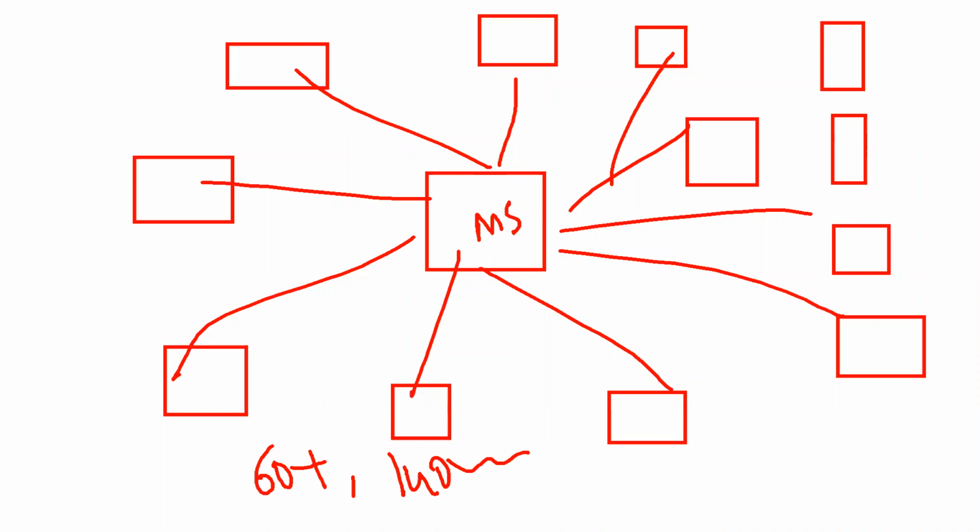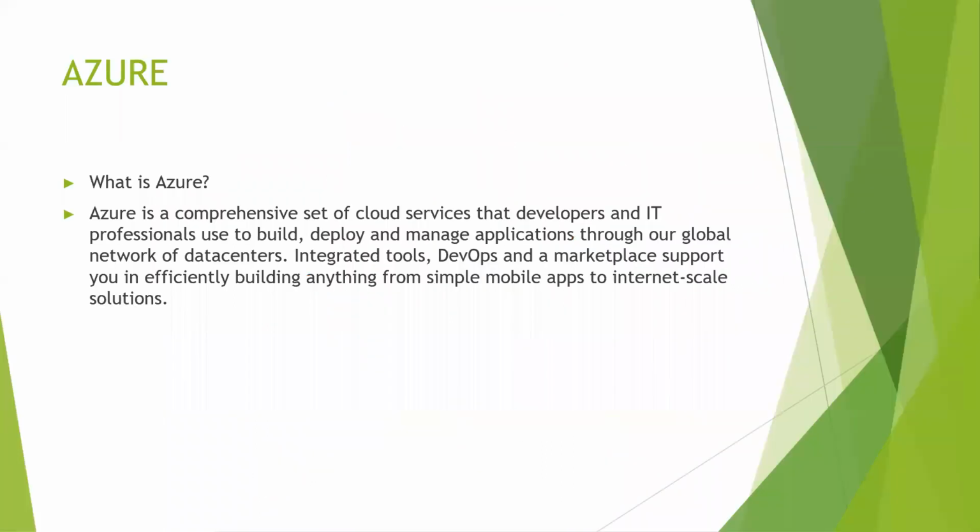In the same way, Microsoft is bringing their applications closer to customers. What is the advantage? They can provide better service, and if there are any issues, they can resolve them on a priority basis. There is very low network latency, because the services are near to you. That is about Microsoft data centers.